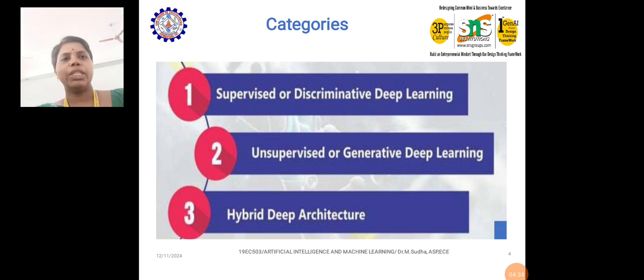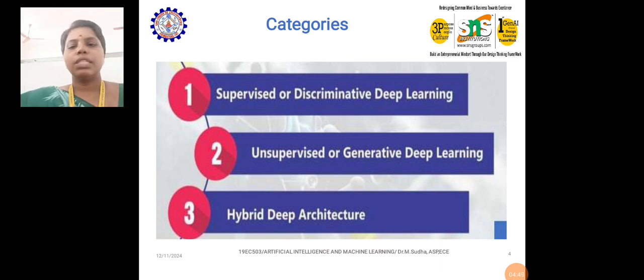Now we'll see the categories. Here we can list three types of categories. One is supervised or discriminative deep learning, another is unsupervised or generative deep learning, and the third is hybrid deep architecture. In the name itself we can tell what supervised means. It happens under some monitoring, and its other name is discriminative deep learning.